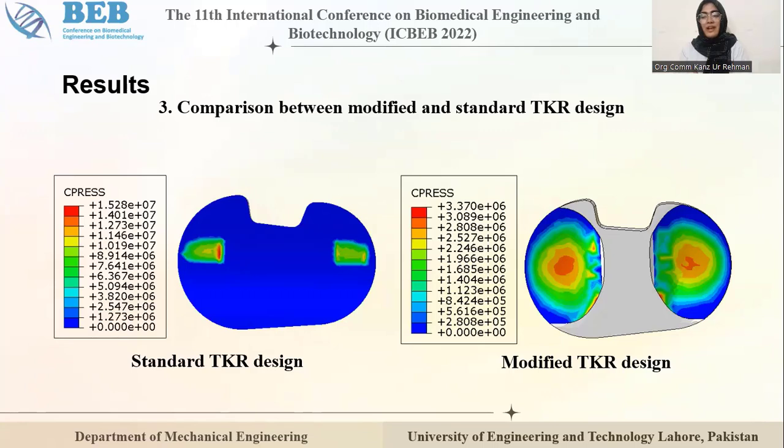The modified TKR design has a greater, more symmetrical distribution on both condyles, which are the contacting parts. Secondly, the standard TKR design, which was used as is, had a tangential contact, which means it would have more localized stresses. Thus, we can also see that it has 15.28 megapascal maximum contact pressure, while the modified only has 3.37 megapascal, which is like 78% lower than that of the standard design, right?